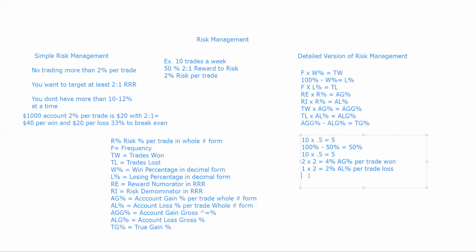Next part, the trades won. So we won 5 trades times 4, because it's 4% per trade, that's going to equal 20.